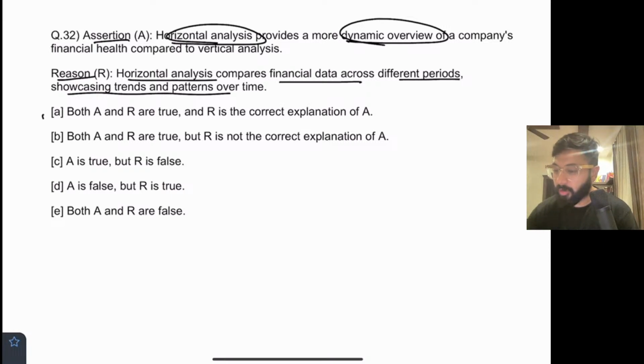Yes, answer is option number A. Both A and R are true and R is the correct explanation of A. समझाने की ज़रूरत नहीं है. क्वेश्चन नंबर 33 पे आते हैं.